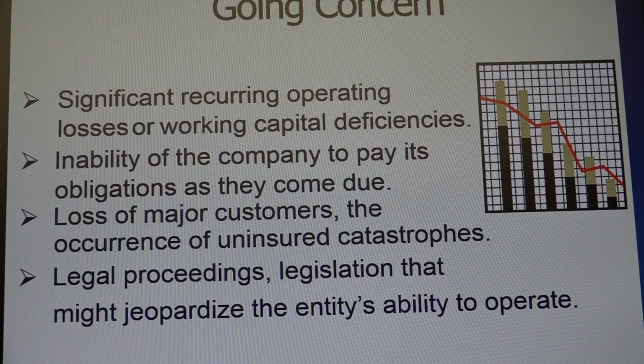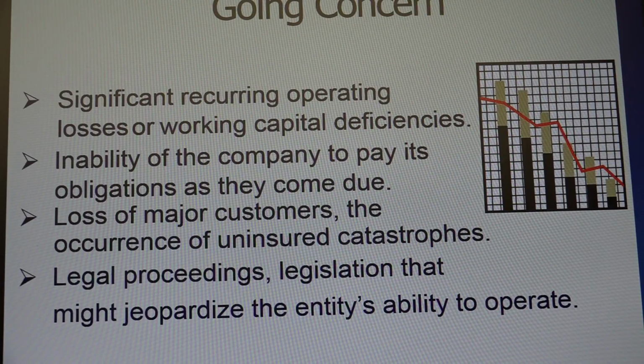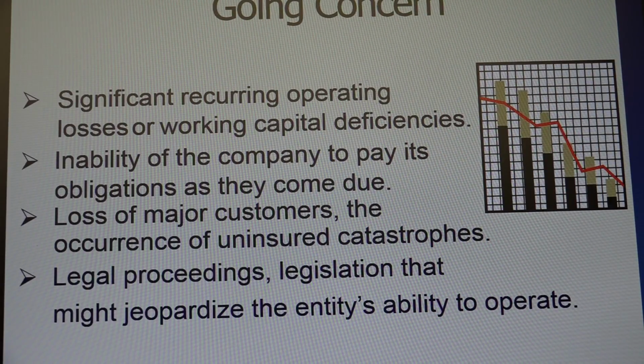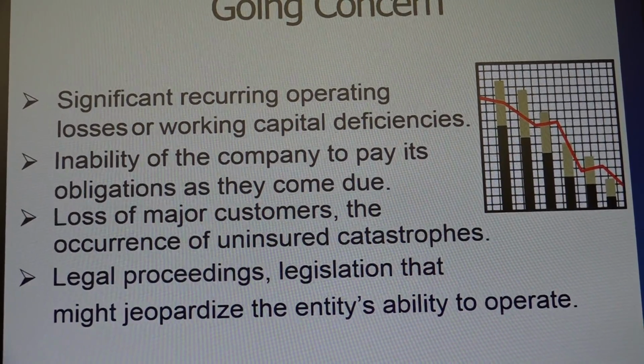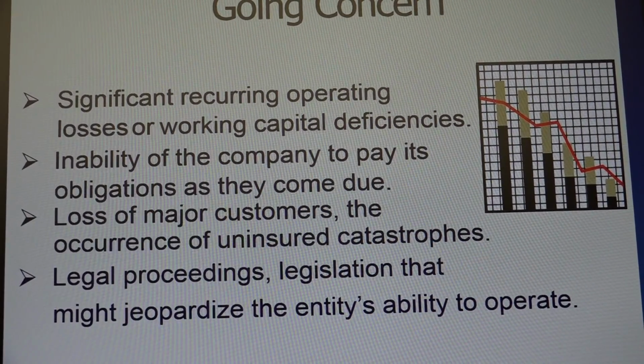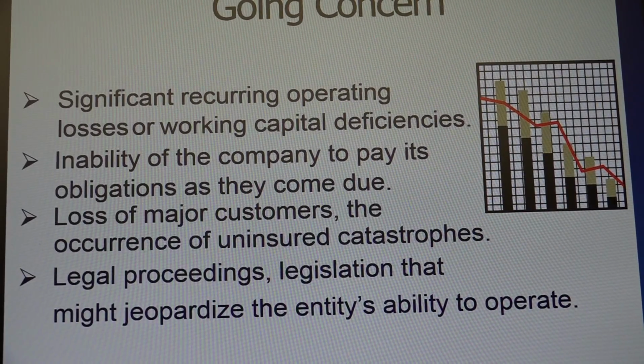remember when you're adding this emphasis paragraph, you the auditor are still giving a report that says that the financial statements fairly represent the company's financial position. You're not denying that.